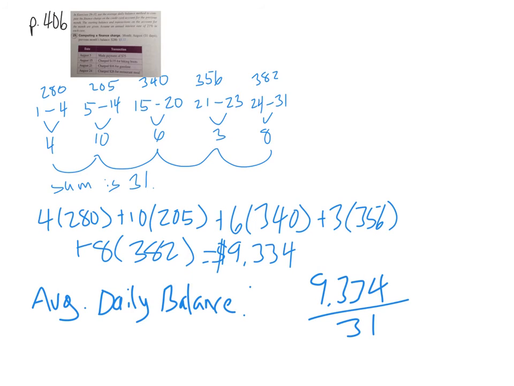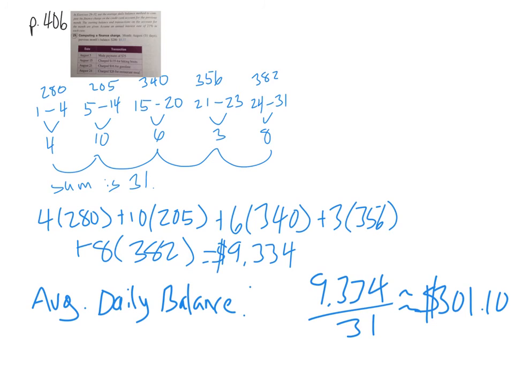So total daily balance divided by the number of days in the month. That'll give us our average daily balance, which I got is about $301.10. That is our average daily balance.